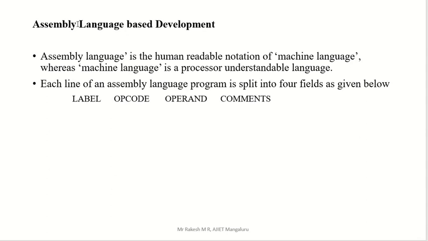So that is the main thing in the low level language method. But in high level language, there is no need to know anything about registers, memory, or the size of the register.